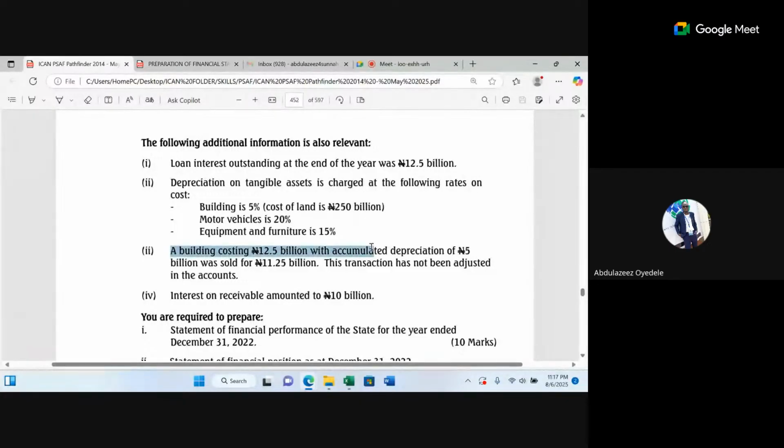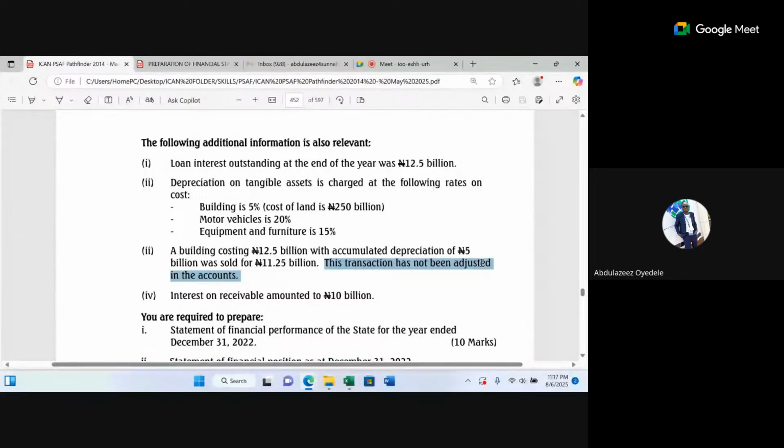Now another thing is that we are told here in additional information number 3 that a building that cost 12.5 billion was sold for 11.25 billion. Okay, now they told us this transaction has not been adjusted in the accounts.